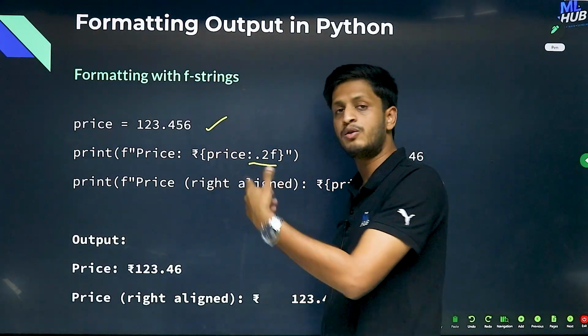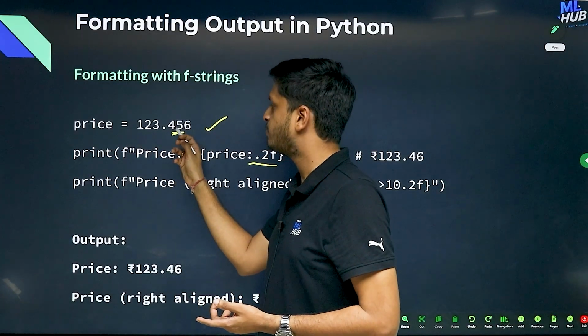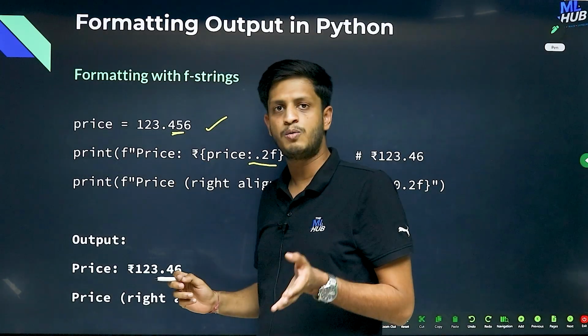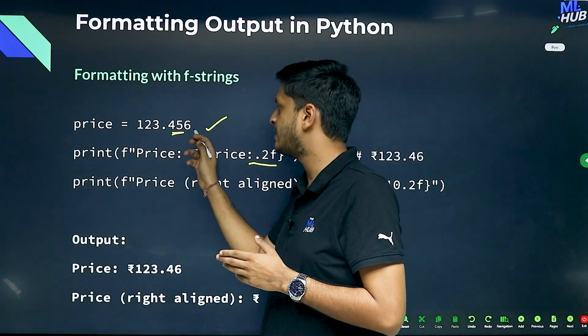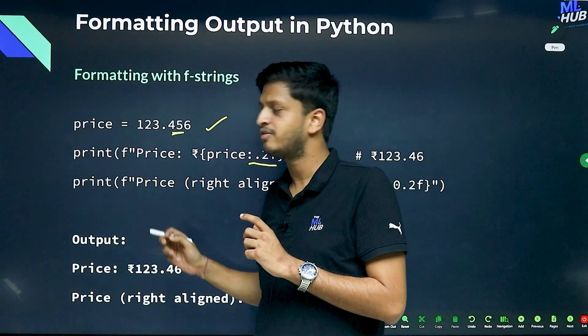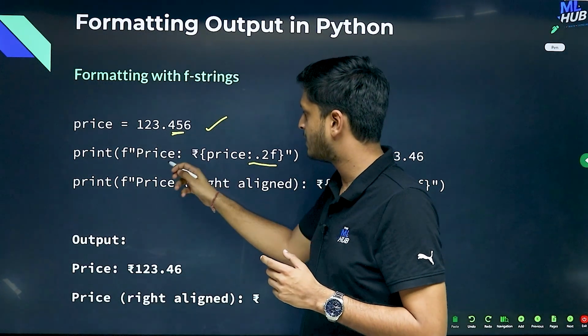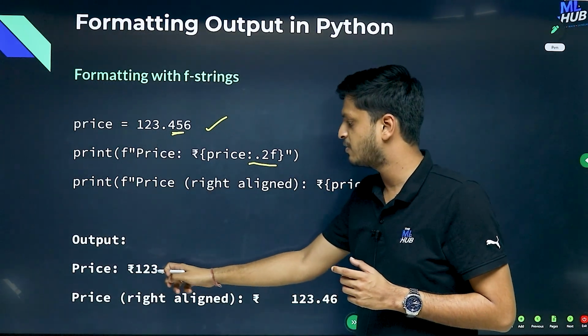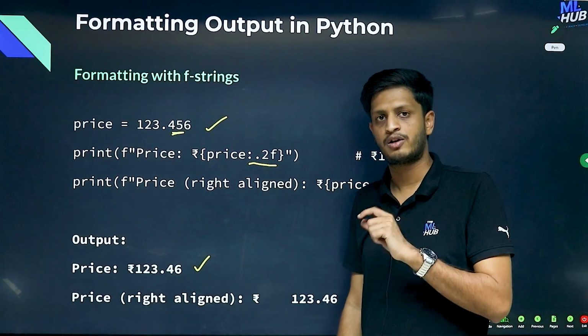I told you it will round the answer. 0.456 will be rounded to 0.46, because the next digit was greater than 5, so the previous digit will be rounded to 6. So the output will be price is rupees 123.46. Only 2 digits after decimal are printed and it is already rounded.